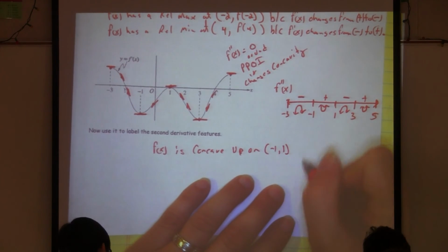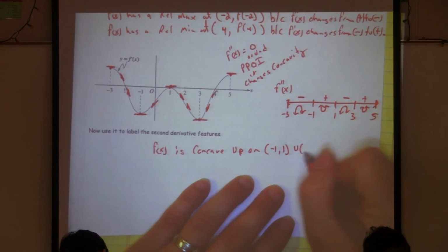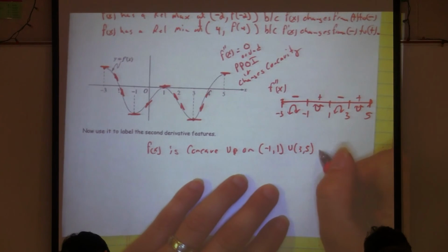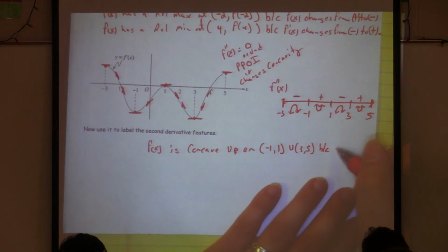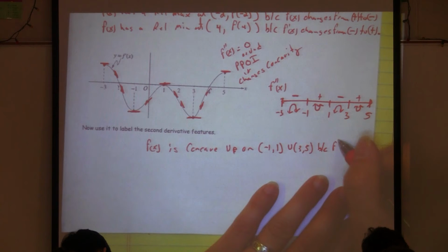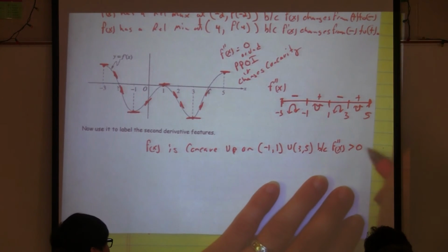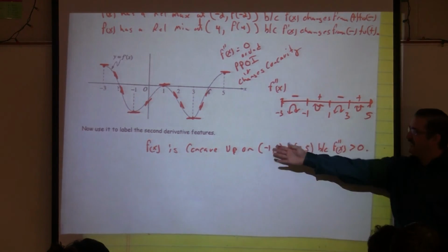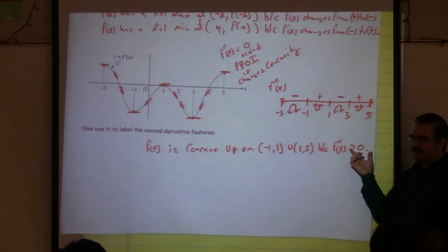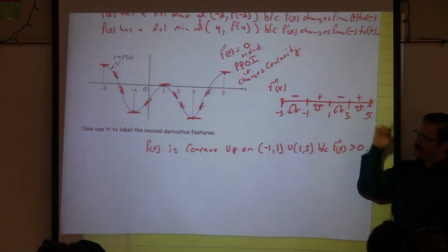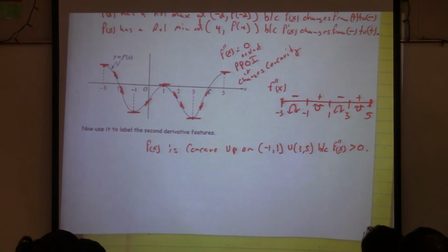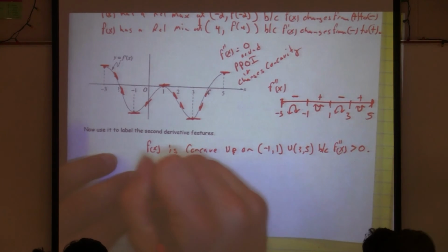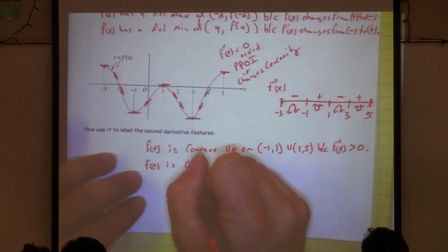Negative 1 to 1 in union with 3 to 5, because f double prime of x doesn't change signs, it's greater than 0, right? So something is concave up if its second derivative is what? Greater than 0 or positive, right? Are we okay? Alright.